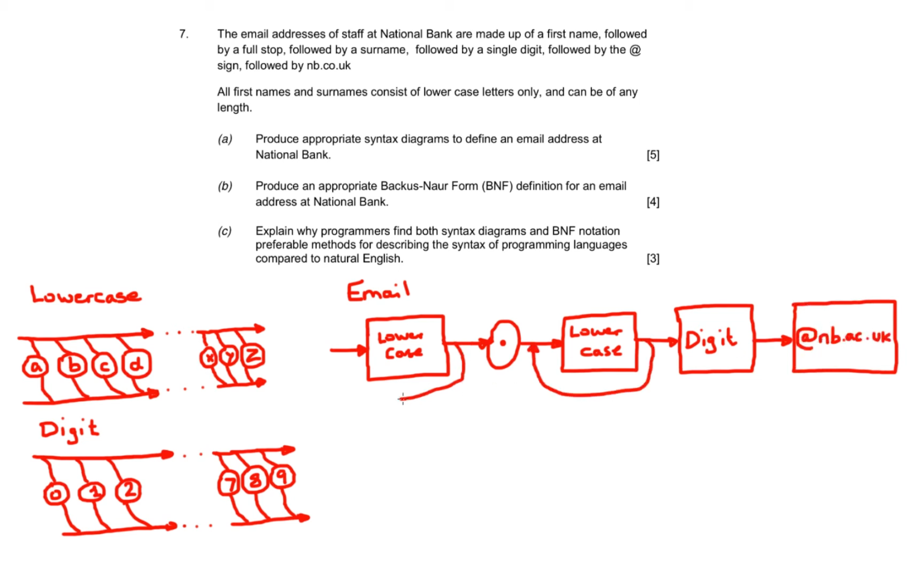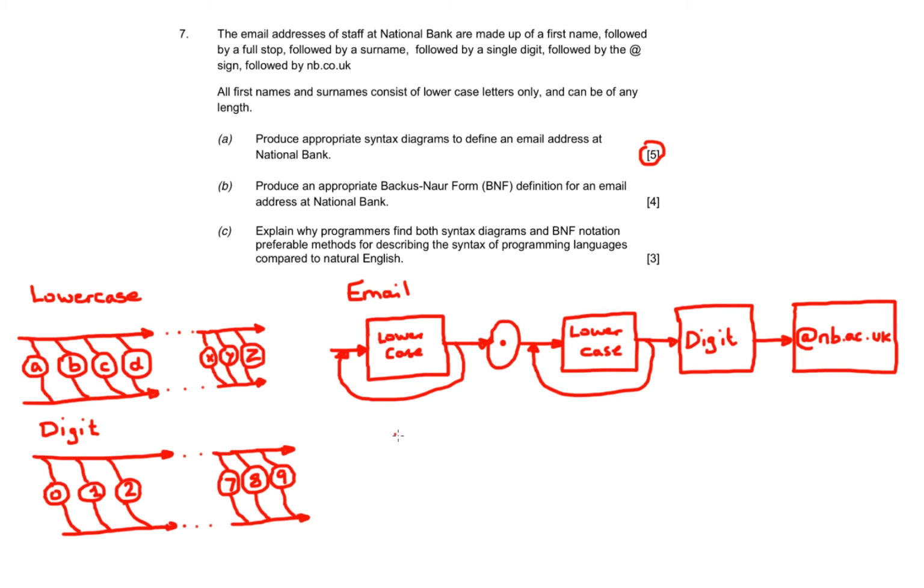And don't forget, the lowercase rules here need to be recursive, so I draw my line reconnecting me back to the start, and both of them do that. Because it did say all first names and surnames consist of lowercase letters only and can be of any length. So you must choose one, but you can have as many as you want.